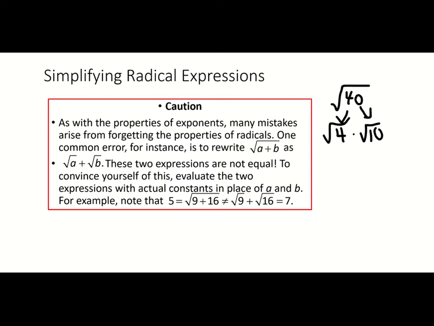And that worked to simplify it. With addition, it's different. You cannot break it down. If you have the square root of 5 plus 7, it is not the same thing as the square root of 5 plus the square root of 7.